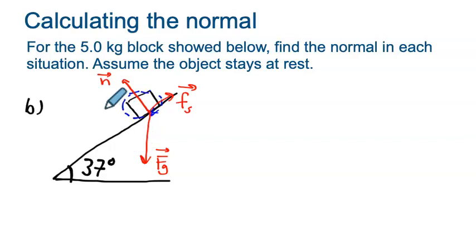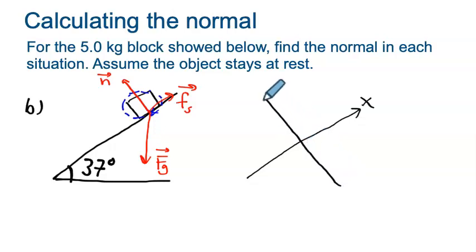Next is to decide what we do with the axes. Typically we use the x-axis to be horizontal and the y-axis to be vertical. If we do this here, we'll have to decompose the vector for the friction force and also the vector for the normal. So in cases where we're dealing with inclined planes, it's usually a good idea instead to take our x-axis along the direction of the incline, up or down being positive, it doesn't matter, and then the y-axis perpendicular to that.